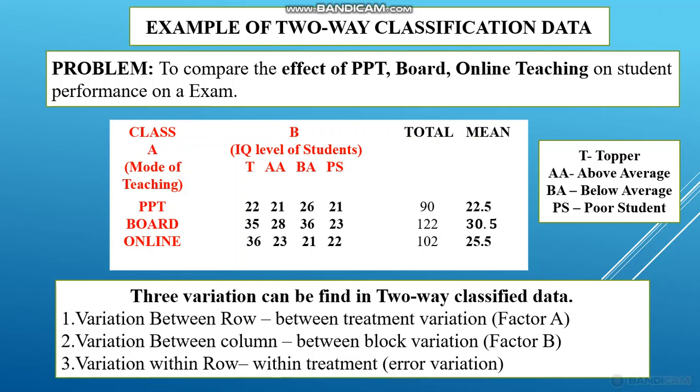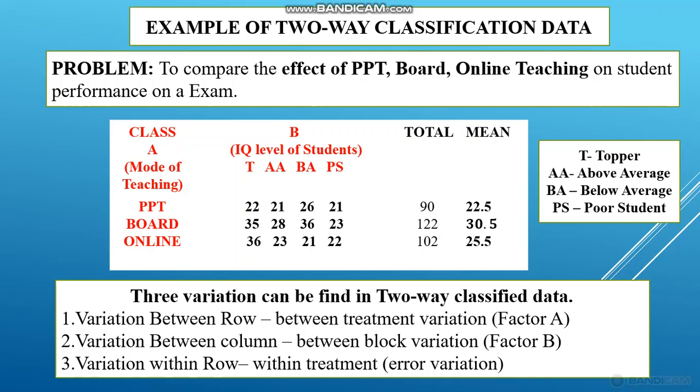The variation between rows will be the between treatment variation. The variation between columns will be the between block variation, that is factor B. The variation within rows will be the within treatment or error variation.